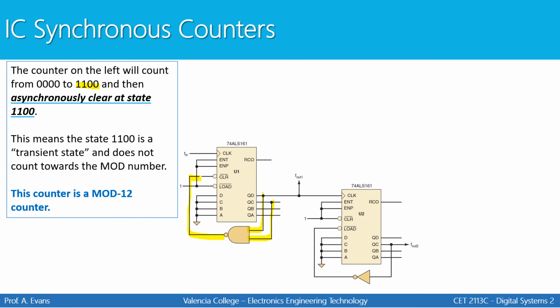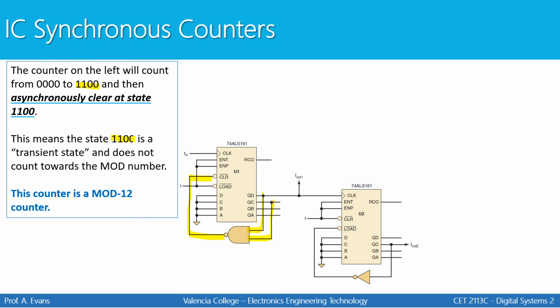The low will be fed into the clear inputs. It will asynchronously clear at that point in time, so it'll clear pretty much instantly. This means that the state 1100 is a transient state and does not count towards the mod number. So if it's going to clear instantly, this state doesn't really occur for more than a few nanoseconds, and we don't count it as part of the mod number.